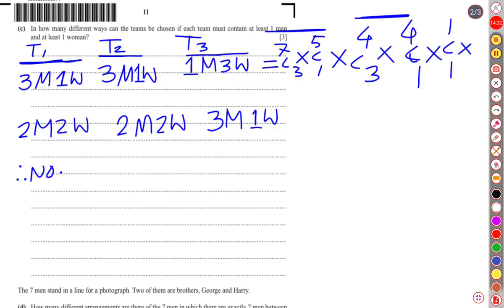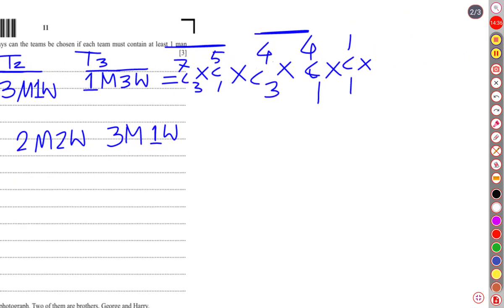And out of 3 we have chosen all 3, so it is 3 choose 3. This is the third team. Please don't get confused with this. This is the calculation of the first team, second team, as well as the third team.